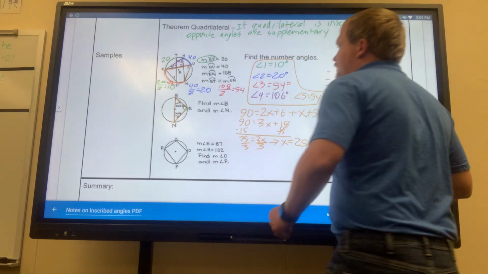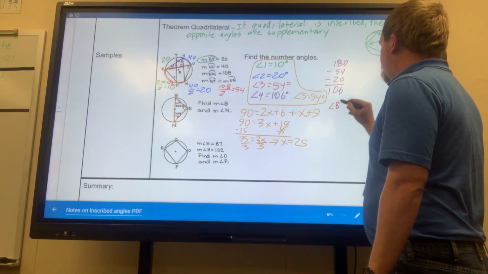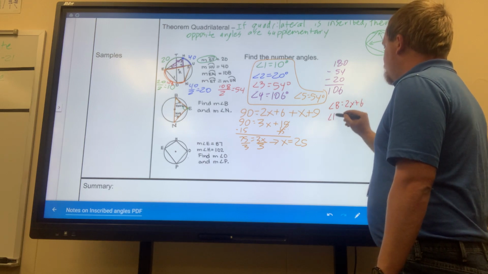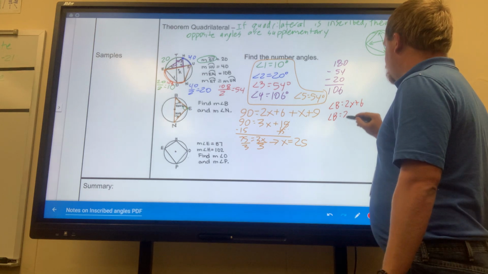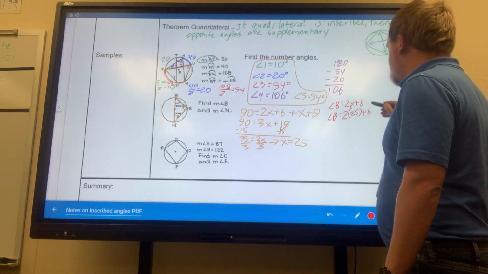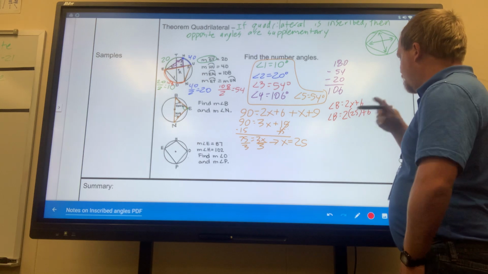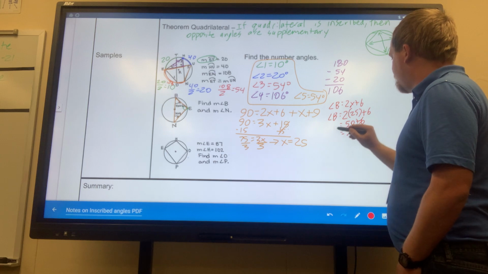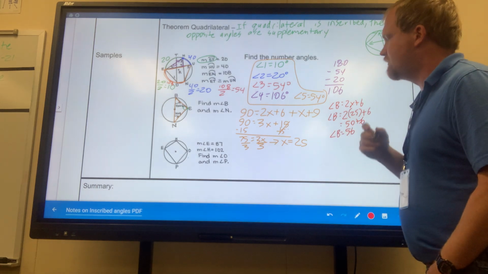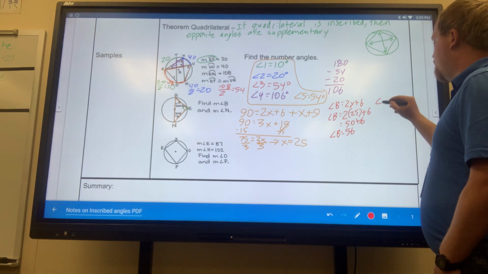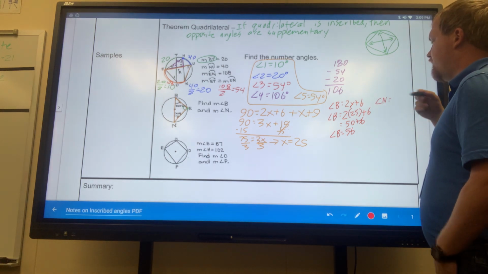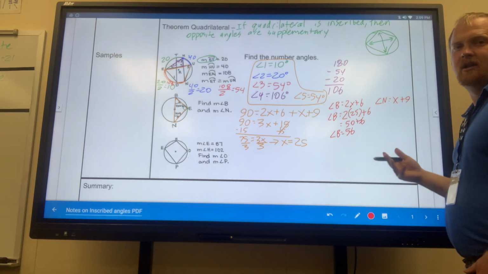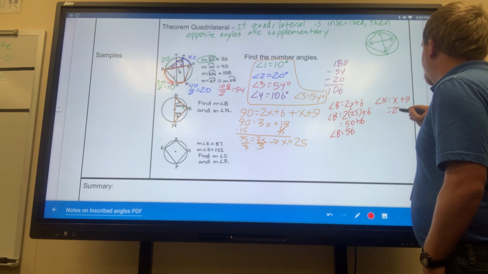So if I plug in for angle B, that gives me 2x plus 6, so 2 times 25 plus 6. 2 times 25 is 50, plus 6 is 56 degrees. Now, angle N is x plus 9, but again, I just have to replace x with 25.